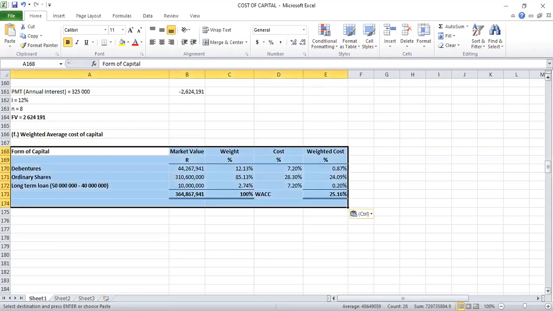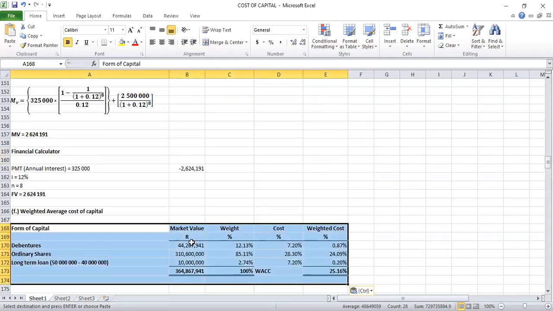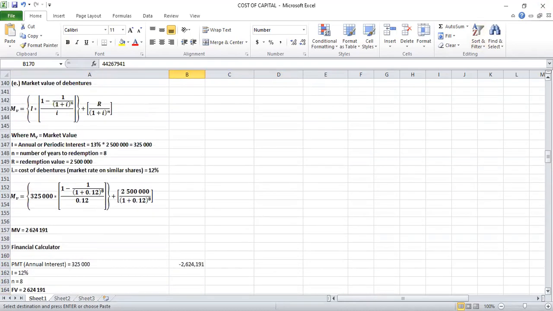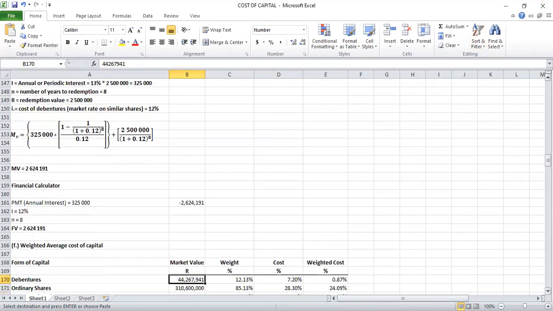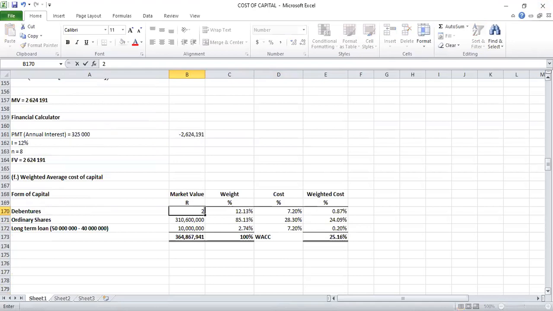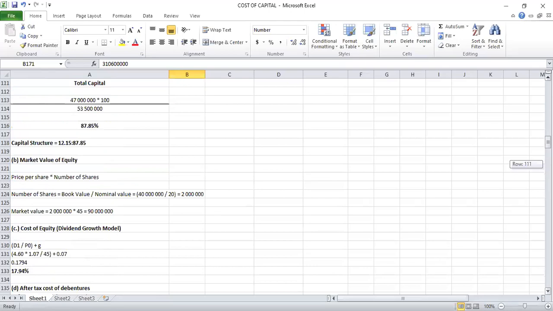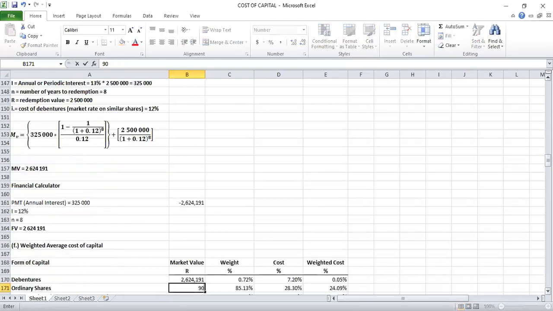Right. Our debentures, we now take our market values. These are the ones that we calculated just now: 2,624,191. Our ordinary shares, we calculated them in part B, 90 million.